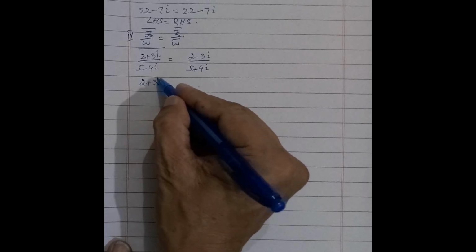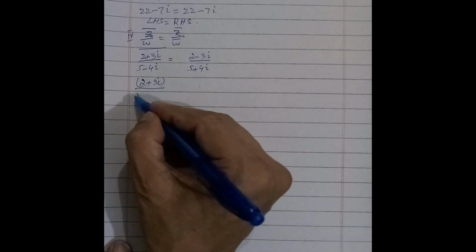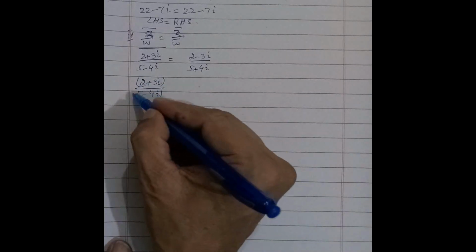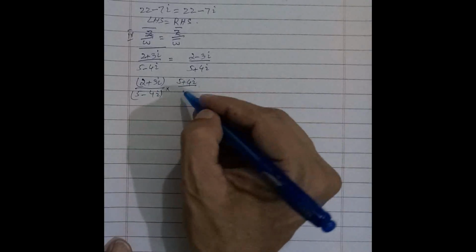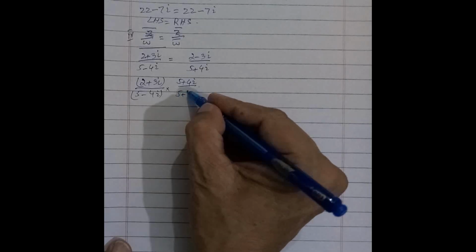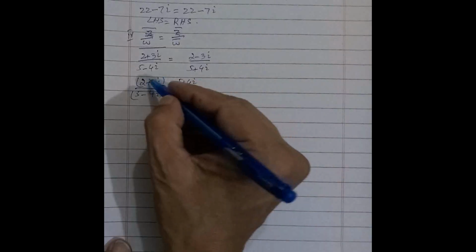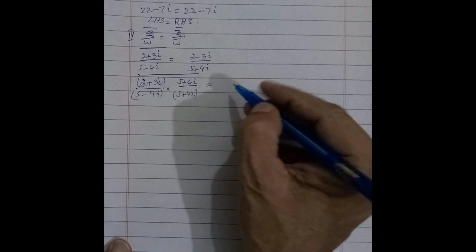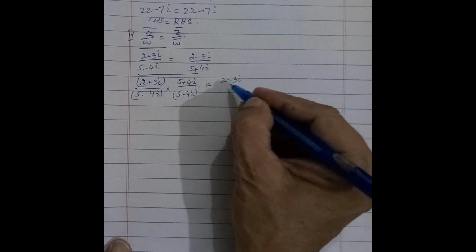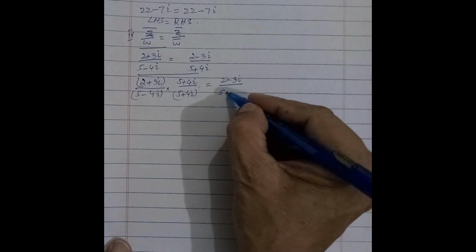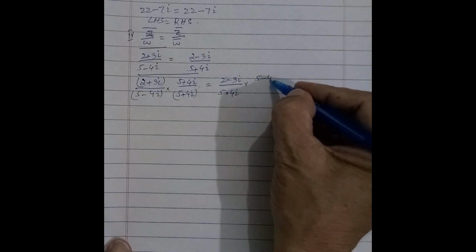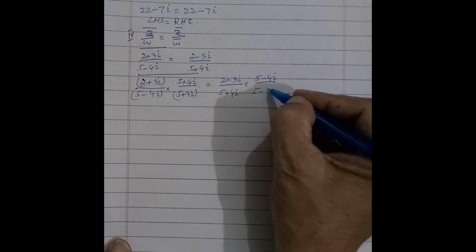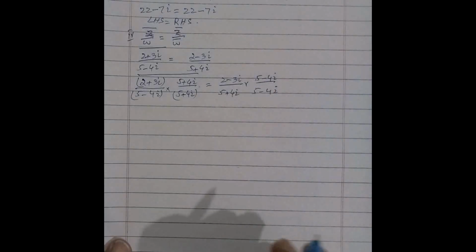2 plus 3 iota over 5 minus 4 iota multiplied by 5 plus 4 iota over 5 plus 4 iota, bar, is equal to 2 minus 3 iota over 5 plus 4 iota multiplied by 5 minus 4 iota over 5 minus 4 iota.